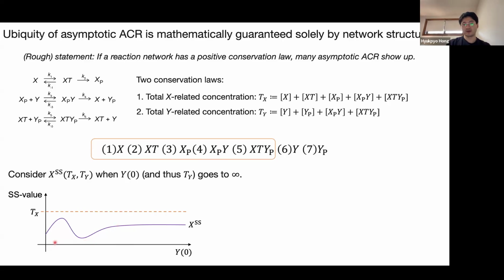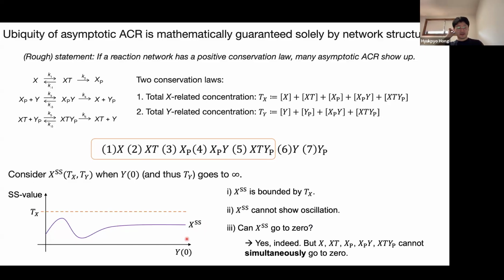So we want to look at this purple colored steady state response curve for the first species X. And this curve must have three properties.